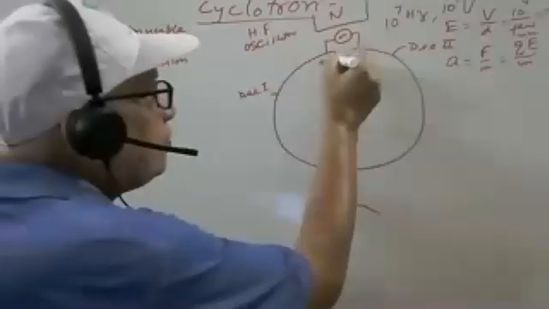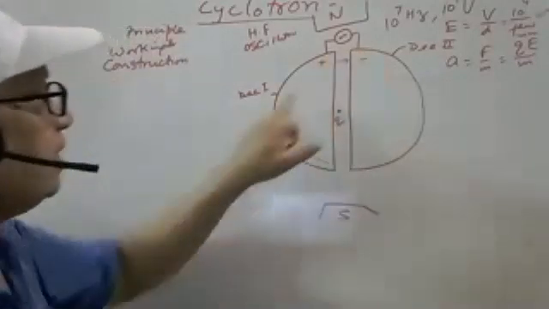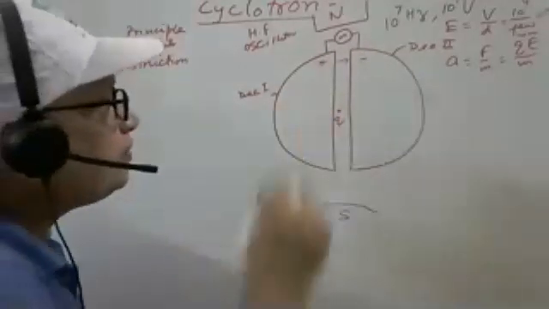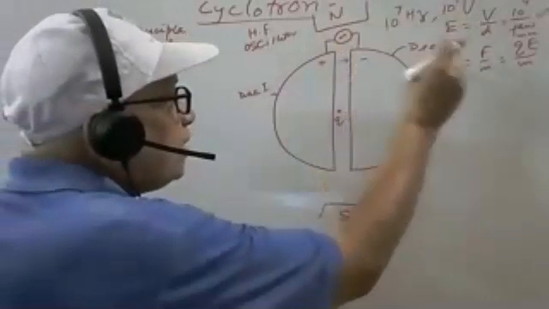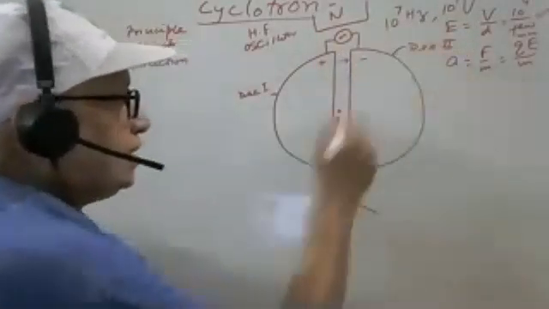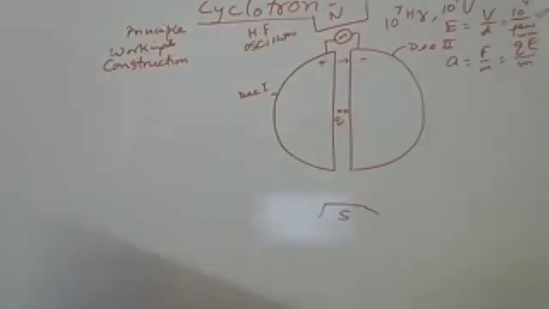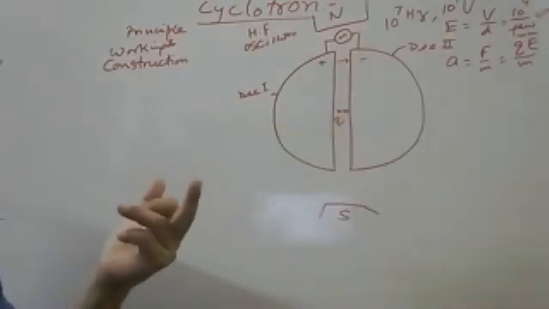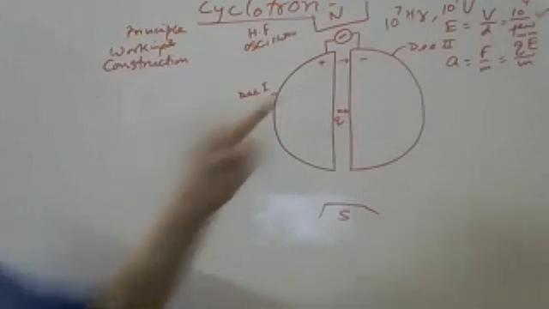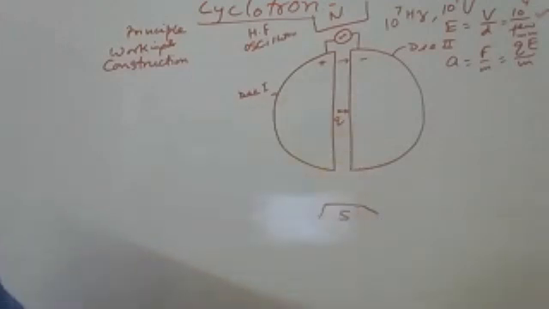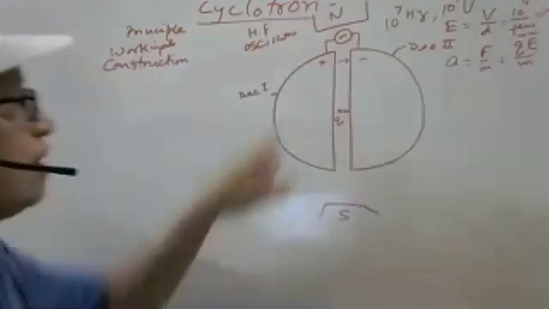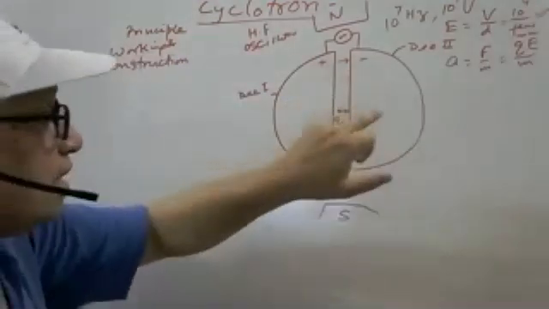So this is the direction of electrical field from D1 to D2. It means the charged particle is accelerated here in the direction of electrical field. Because the electrical field is very high, voltage is high, and the distance is very small, it's moving from left to right.